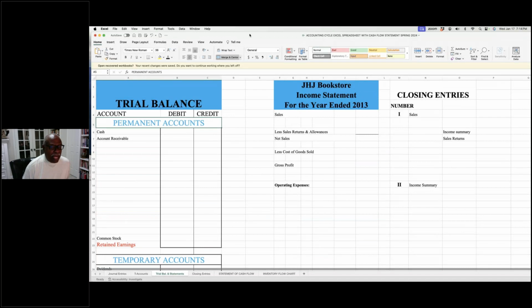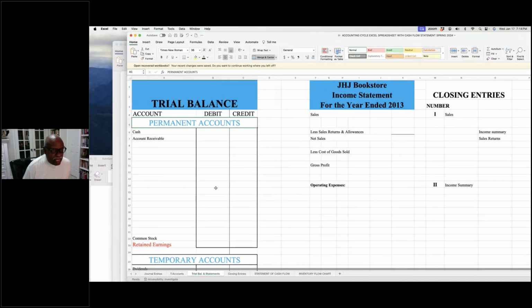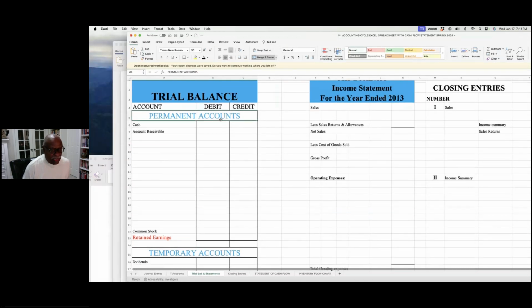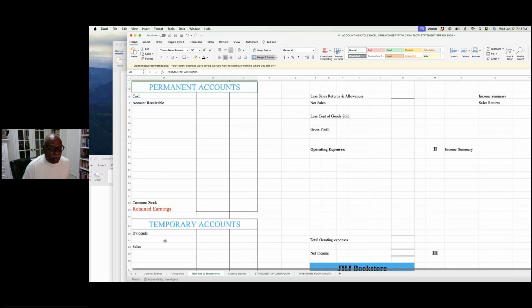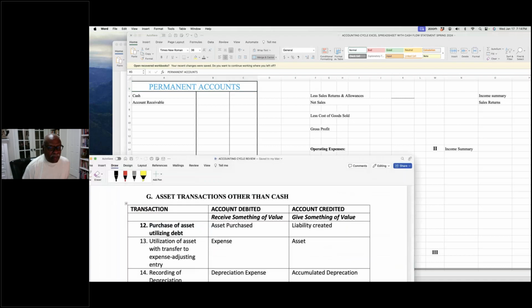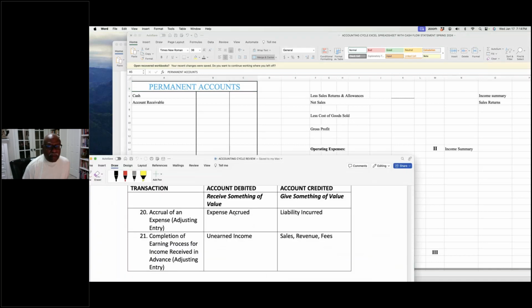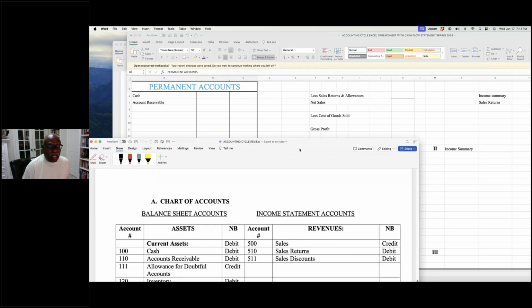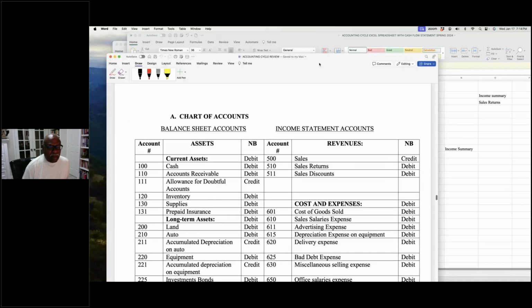Now, with a trial balance, we kind of keep it separated. We have our permanent accounts up top and our temporary accounts, starting with dividends, at the bottom. You keep these accounts in the order that they are on this chart of accounts. So when you go to that trial balance, your accounts stay in the same order.